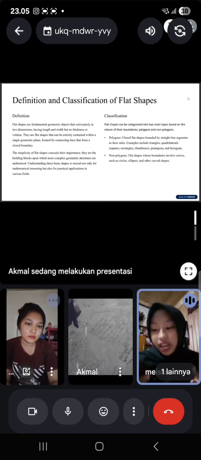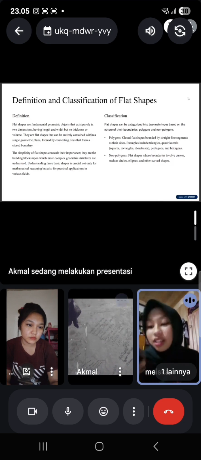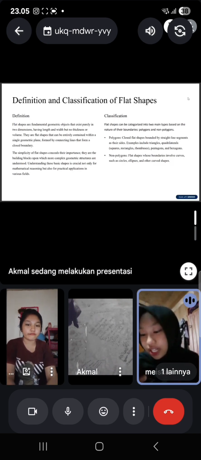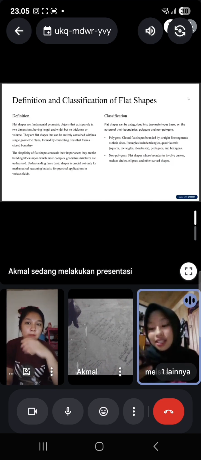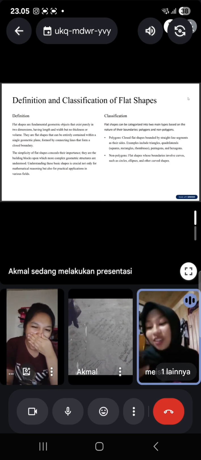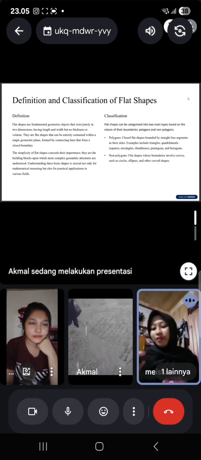Examples include triangles, quadrilaterals, squares, rectangles, rhombuses, pentagons, and hexagons. Non-polygons are flat shapes whose boundaries involve curves, such as circles, ellipses, and other curved shapes.